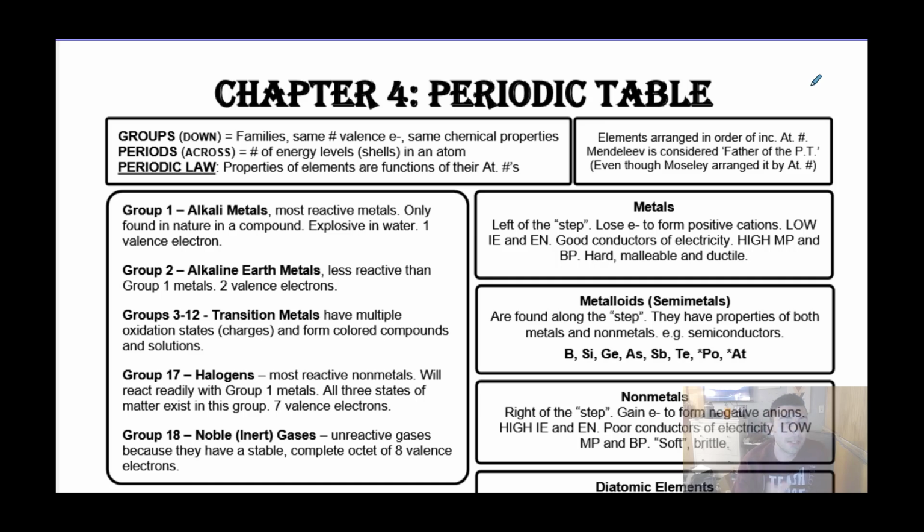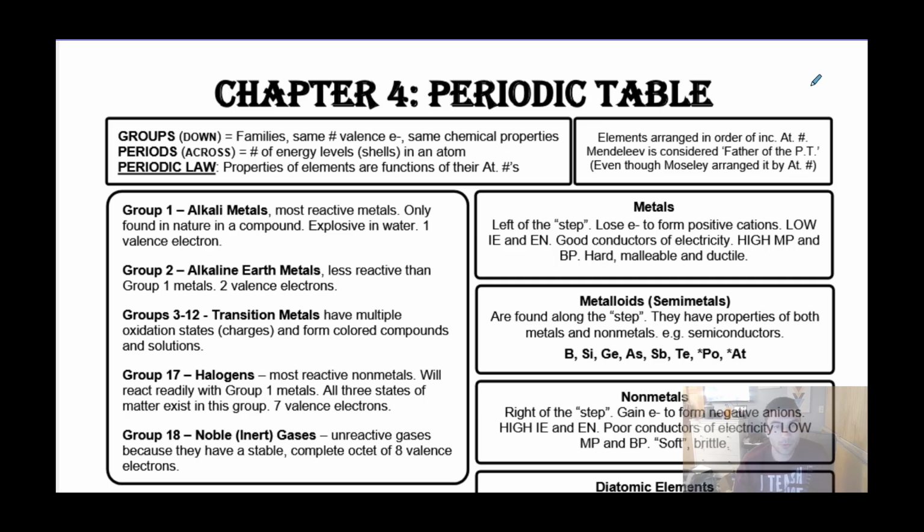But Dmitri Mendeleev is known as the father of the periodic table because he was the first person to construct such a table that showed the true periodic nature of the elements. Remember, he arranged them by increasing atomic mass, but he gets so much credit because in his table he left gaps for elements that he said were not yet discovered, and then predicted properties for those unknown elements by looking at how the properties of the elements to the left and right and top and bottom of those empty boxes compared.